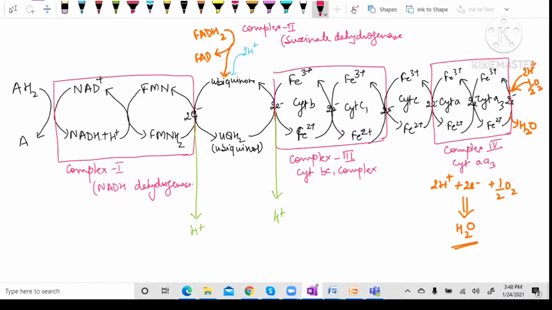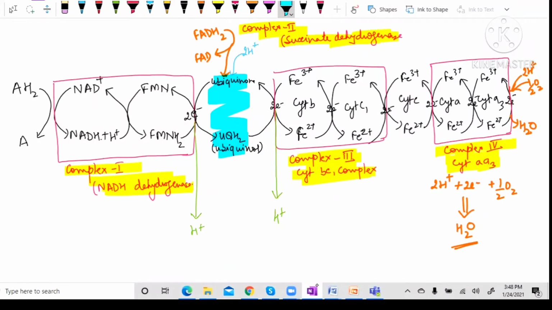If you check the diagram, we have discussed this is our complex 1, NADH dehydrogenase. This is our complex 2, succinate dehydrogenase. Then our complex 3, cytochrome BC1. Then our complex 4, that is cytochrome AA3. Ubiquinone is the one which is taking from 1, giving it to 3, taking from 2, giving it to 3.